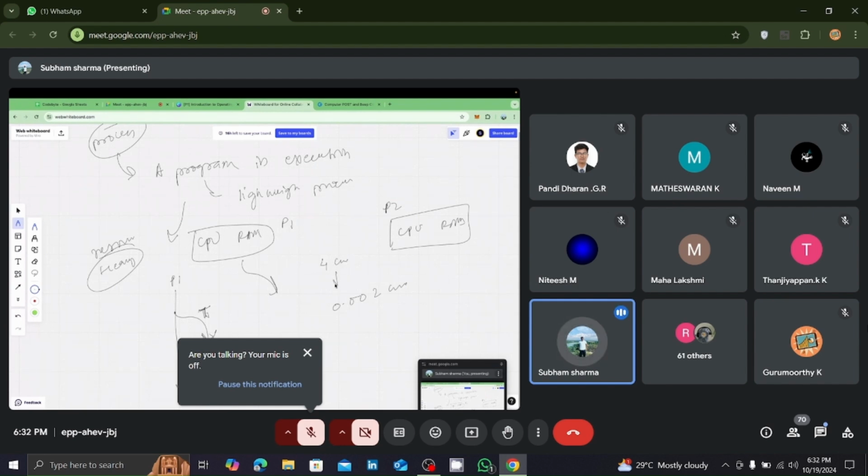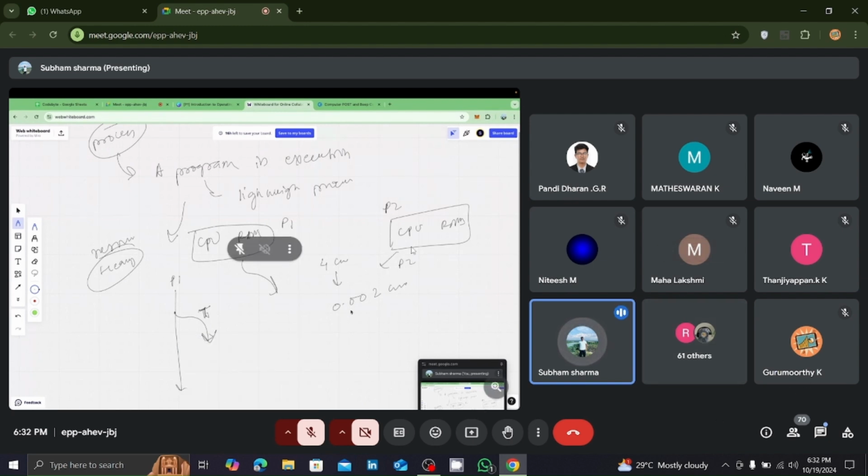You can see there is a huge difference. Now, if P1 is running, there cannot be another process that comes and starts running. The complete resource will be frozen until P1 finishes running.